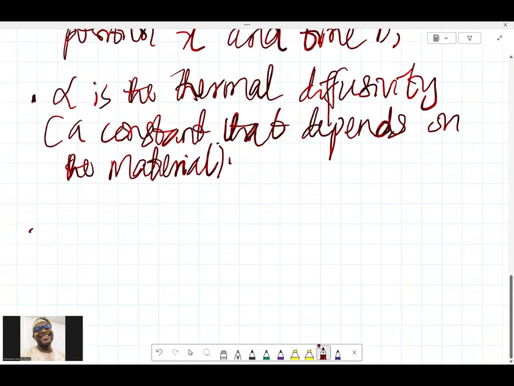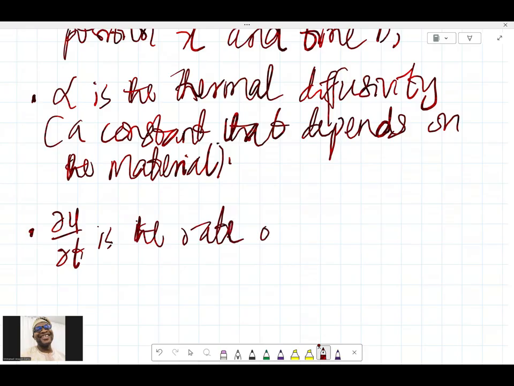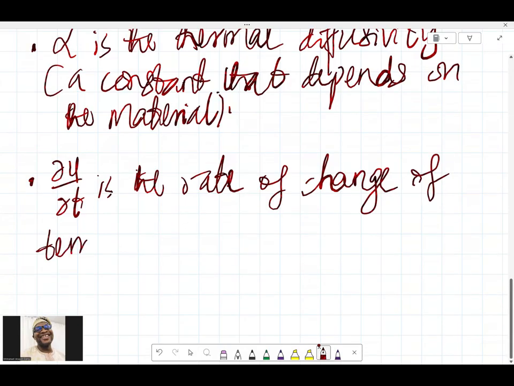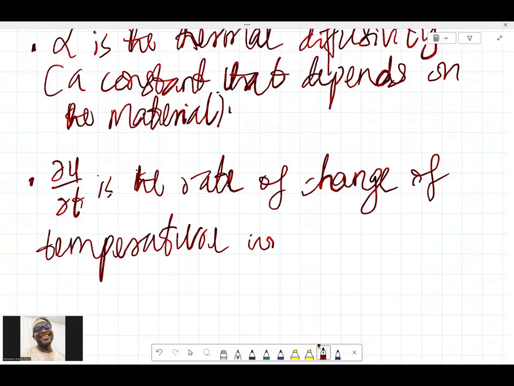Then we have partial u, partial t, which is the rate of change of temperature with respect to time.